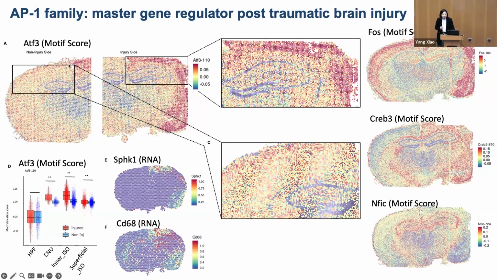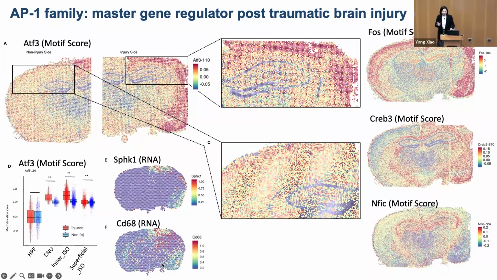And NFIC is a transcription regulator for myelin cells. So it doesn't have a preferential distribution at the injured site. And we also look at the downstream genes in their RNA profile. These two are target genes of ATF3, so they're our immune response genes.